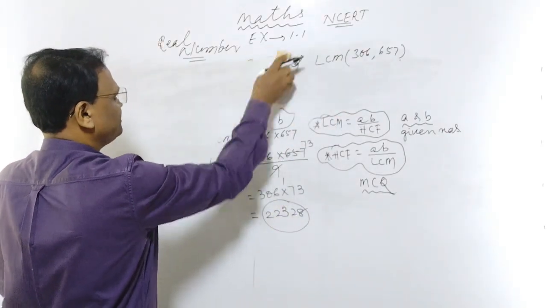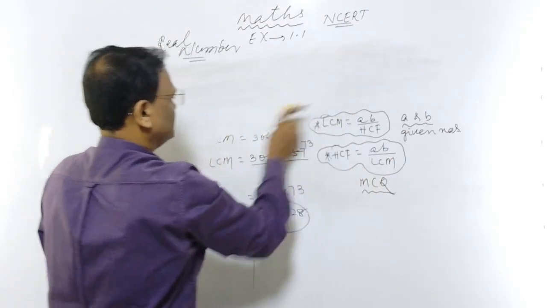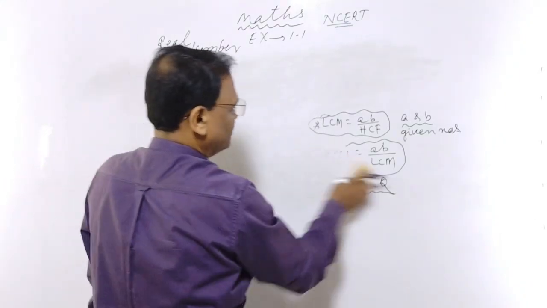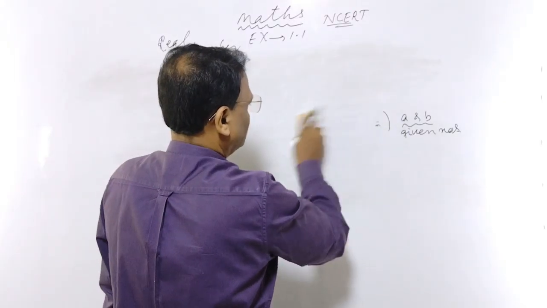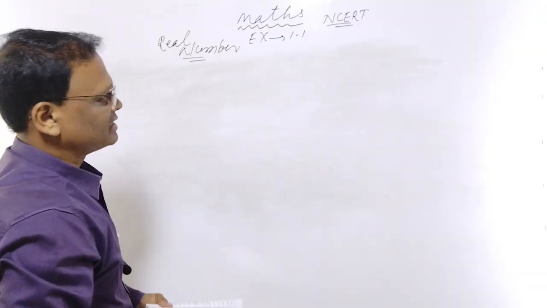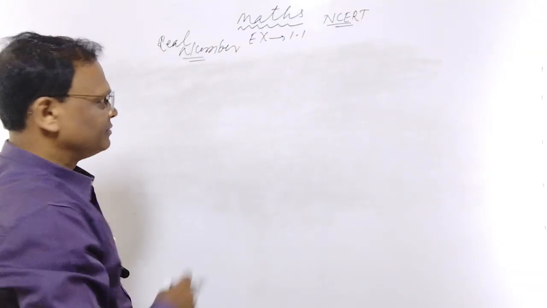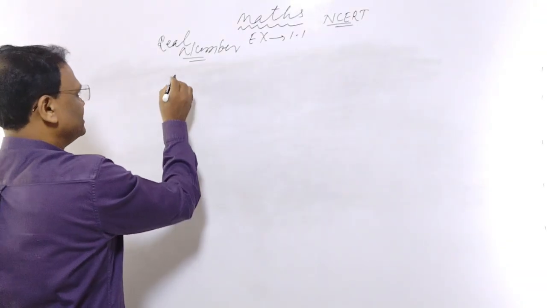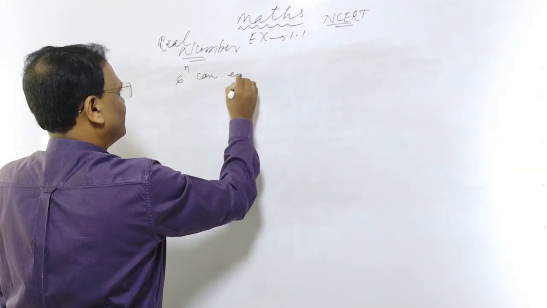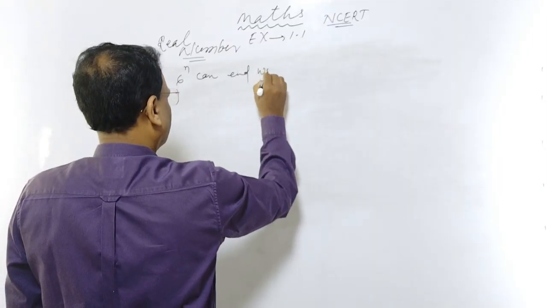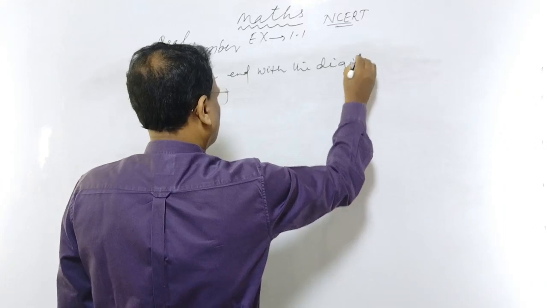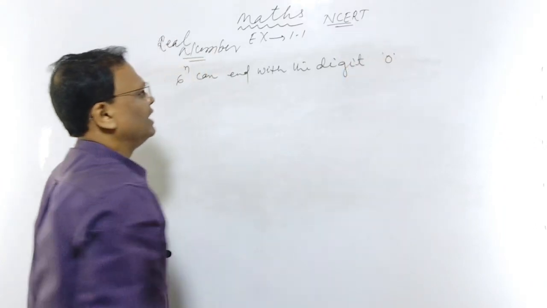Now question number 5. What is question number 5 asking? You have to check whether 6 to the power of n can end with the digit 0 for any natural number.